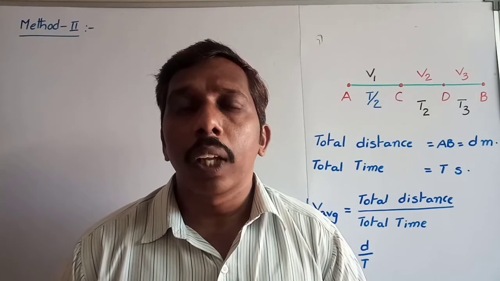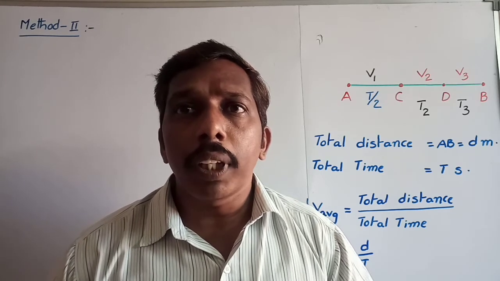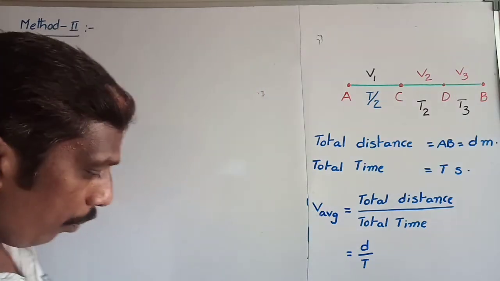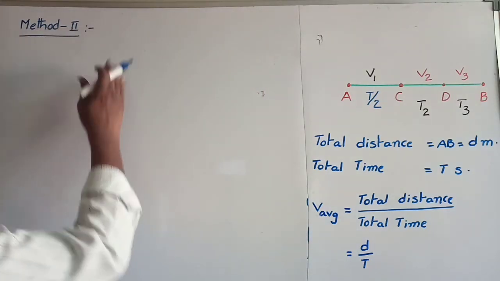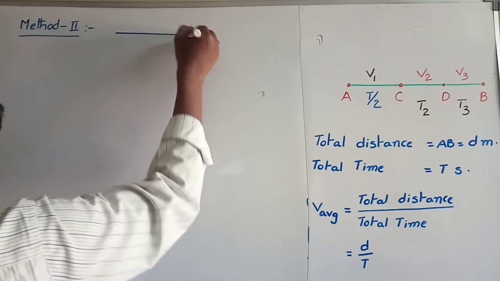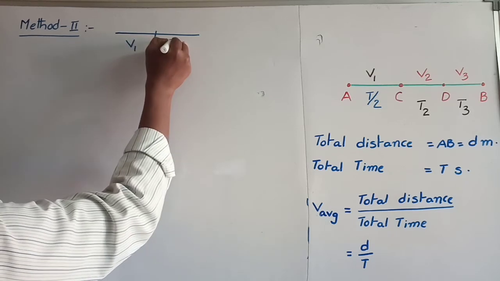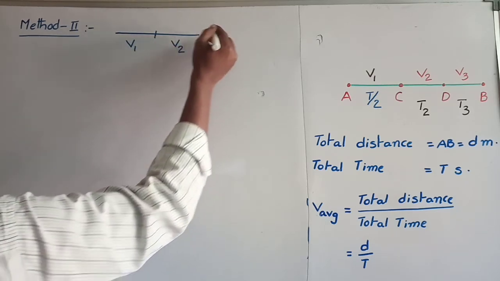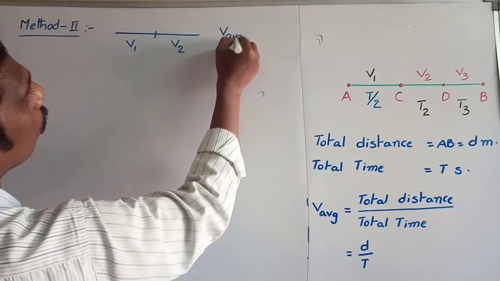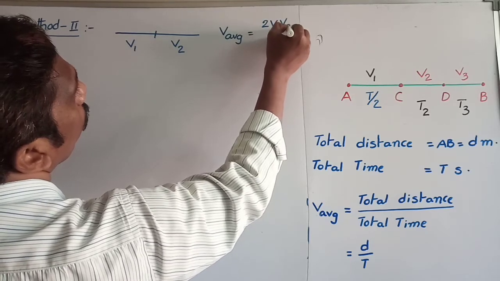This problem we can solve in another method also. In this method, if we know 2 points, then only we can solve this problem. What are the 2 points here? If a body covers half of the distance with a speed V1, and the remaining half of the distance with a speed V2, we know the average speed formula: V average is equal to 2 V1 V2 by V1 plus V2.